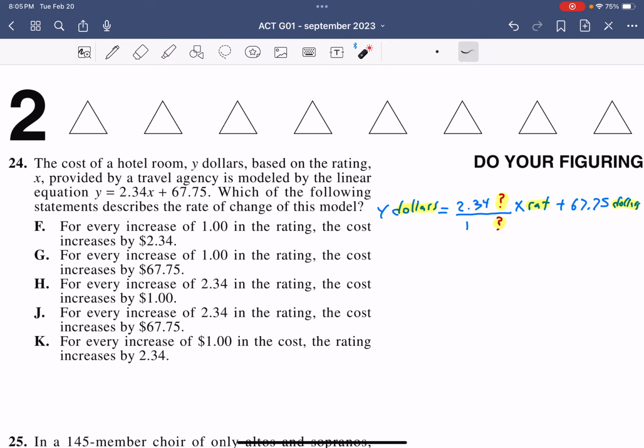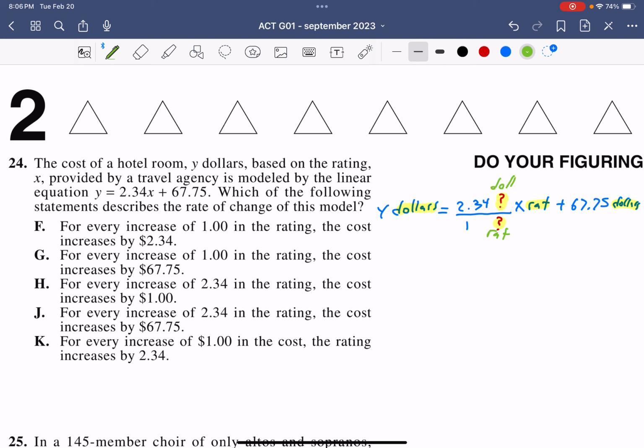So like I said, we need to go ahead and try to turn this part here into something that is just units or a unit of dollars. So we need to get rid of this rat unit here. And to do that, we're going to make the unit on the bottom here rat for rating, and the unit on the top, dollars.